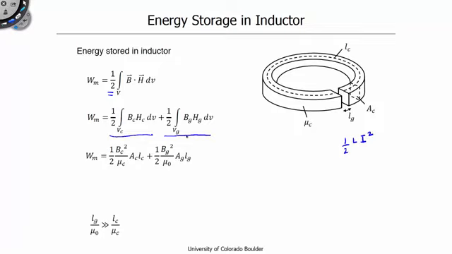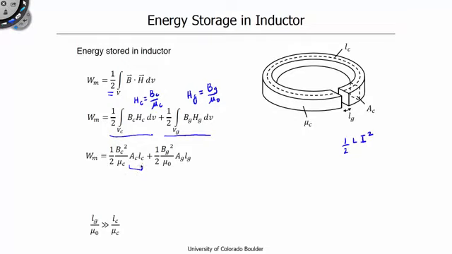Now, if we substitute the fact that Hc is related to Bc through Bc over mu c, and that Hg is equal to Bg over mu naught, and we assume that the fields are uniform in the respective volumes, then these integrals simply become what's shown here, where these last two terms are the volume of the space over which we are integrating.